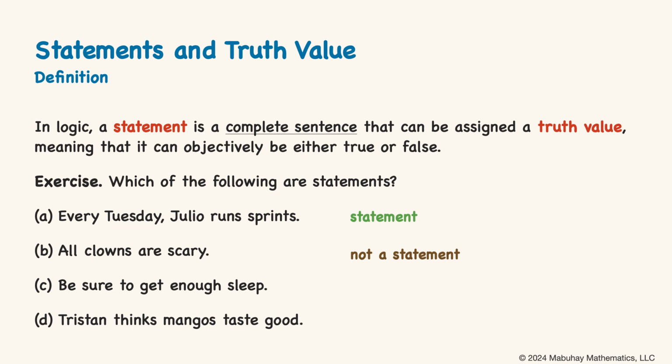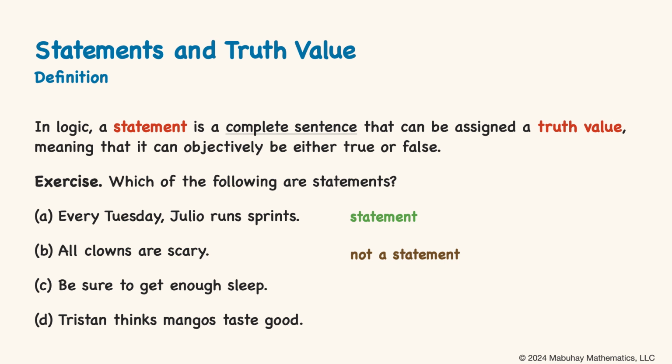I'm sure some of you feel very strongly that this sentence is a true statement. However, in logic, it's very important that to be a statement, it can be true or false objectively speaking. Okay, so the fact that what's scary is not universal to everybody means that this is not what we would call a statement in the context of logic.